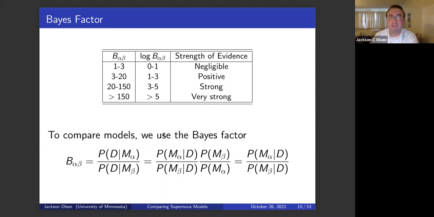And so the way you interpret these ratios is if it's between 1 and 3, there's really no evidence in favor of one model over the other. Between 3 and 20, some evidence, 20 to 150, strong evidence, and then greater than 150, or if the natural log is greater than 5, you have very strong evidence. So the numbers I want you to remember are 3 is the threshold between no and some evidence, 20 is the threshold between some and strong evidence, and this 5 factor for the logarithm is very, very strong evidence.